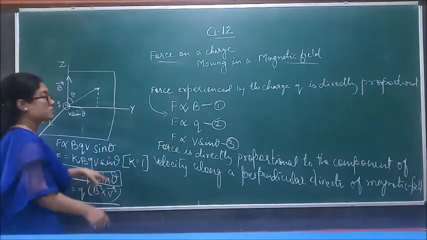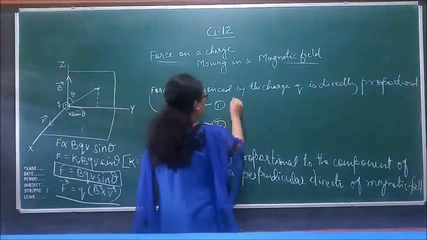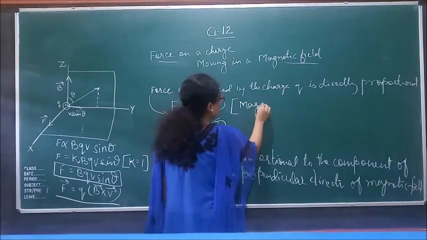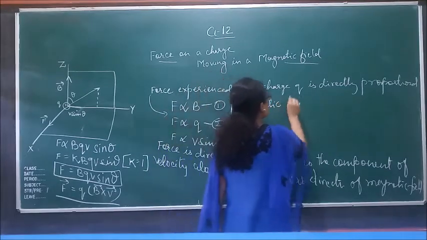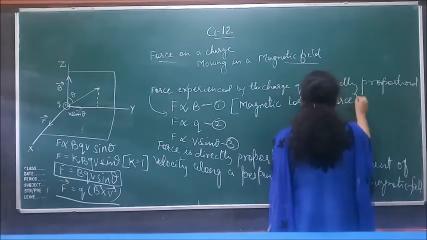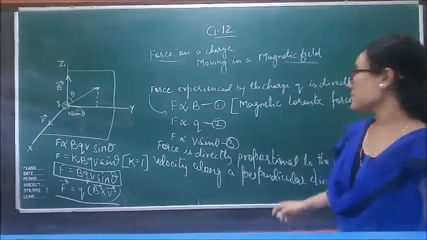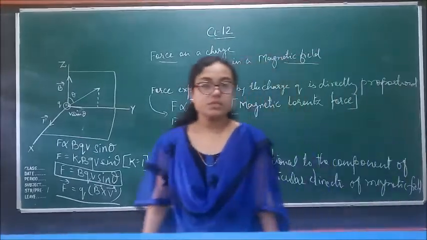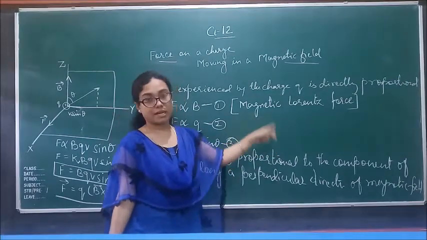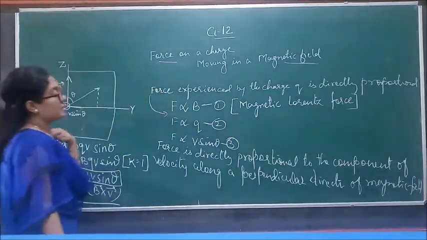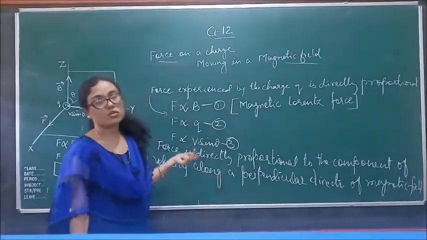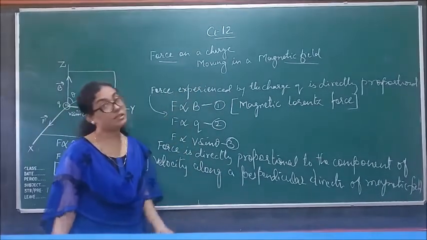Clear, student? And now the most important point. This force is known as magnetic Lorentz force. The force that acted was later explained by the scientist Lorentz, so that is why it is known as magnetic Lorentz force. In the exam it may come like derive magnetic Lorentz force, or the force acting in a magnetic field, that we have to derive.